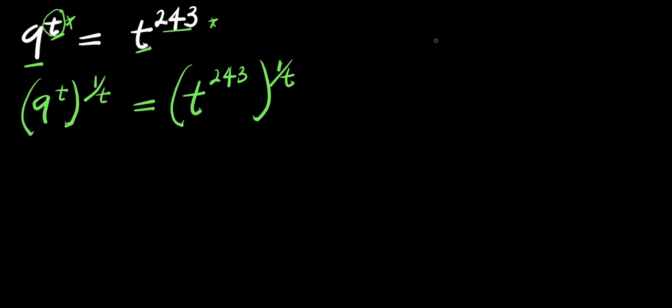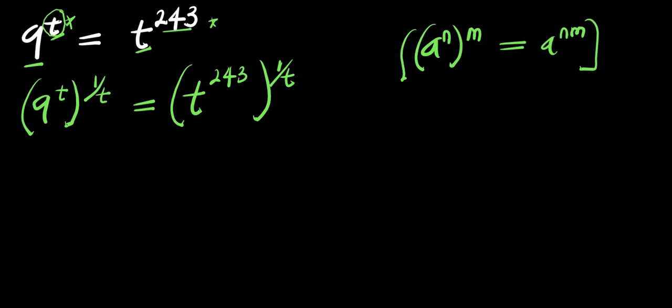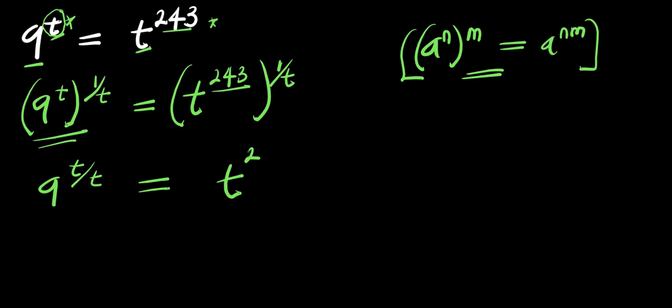Now, if you have a power m raised to the power of n, this equals a power m times n. Apply this right here. I'll have 9 power t times 1, that is t divided by t, and this equals t power 243 times 1, that is 243 divided by t.